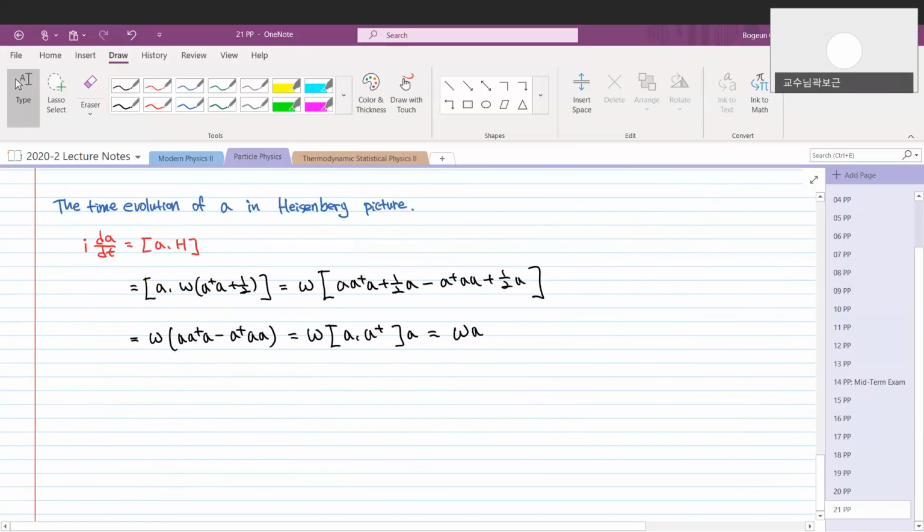So for the time evolution of this operator, we found that a(t) is a solution.